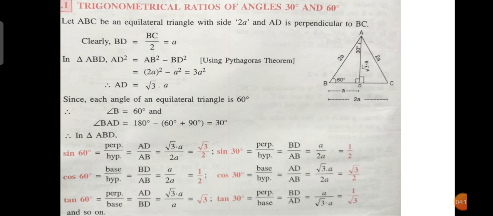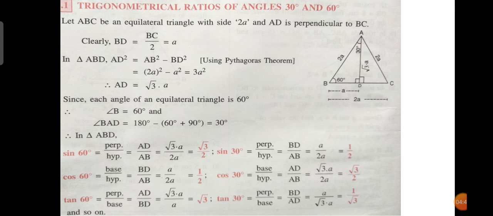According to Pythagoras theorem, we can find the side AD square. Pythagoras theorem says hypotenuse square is equal to base square plus altitude square. Here the hypotenuse is AB, so AB square is equal to BD square plus AD square.